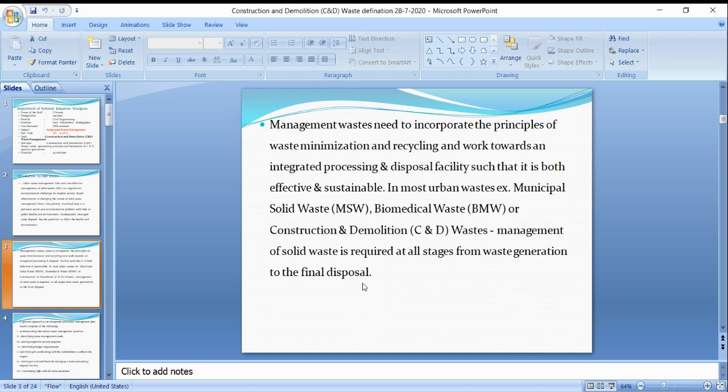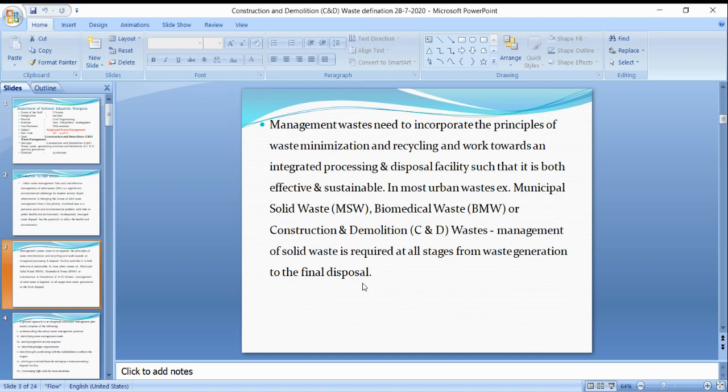So by using the recycling method we are reducing the waste and also the disposal facility. So the treatment and also the disposal methods we are reducing, and it is both effective and also sustainable.